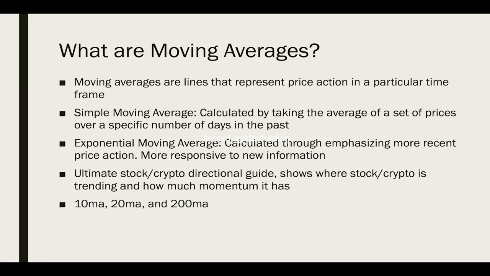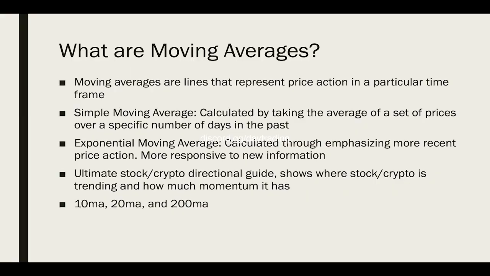So let's talk about what moving averages are. Moving averages are lines that represent price action in a particular time frame, okay? If we're talking about the 20-day moving average, that line shows you the average price within the last 20 days, right?